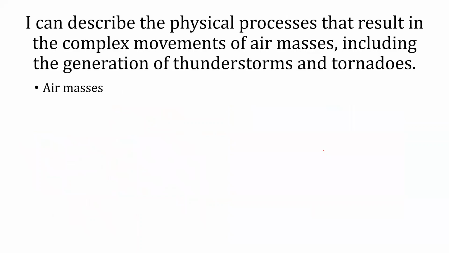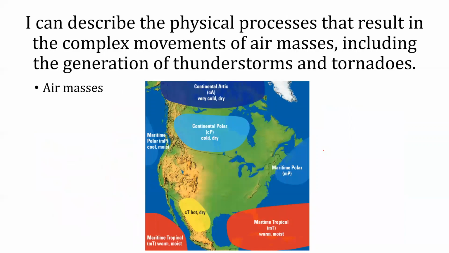Okay, another thing that we talk about is air masses and all the different types of air masses, right? So basically you have to figure out the latitude that the air mass came from and whether it originated on a continent or in the oceans. So this is how we name them. You've got your maritime tropical, meaning it formed at low latitudes where it's warm and it formed over the ocean.